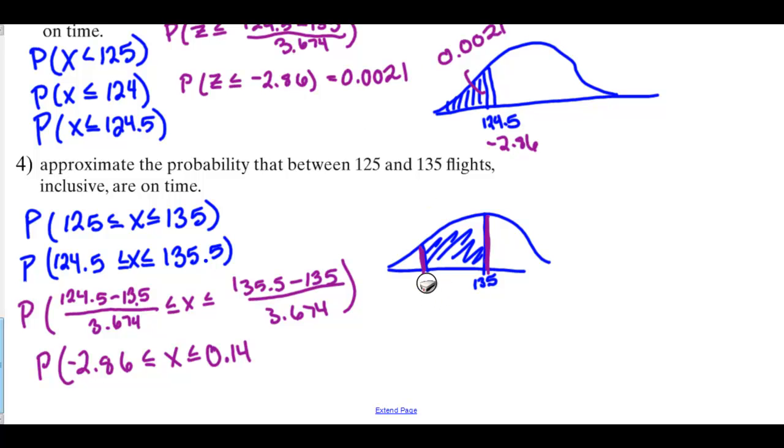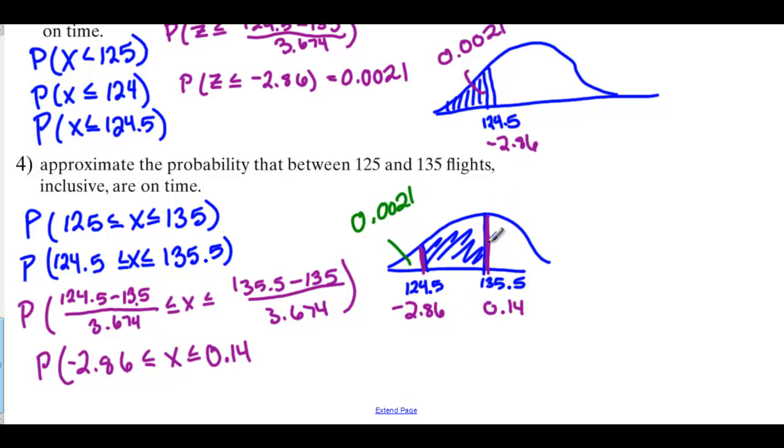I'm going to erase those numbers. We didn't actually use those. So we are looking at from 124.5 to 135.5. And those z-scores were that negative 2.86 and 0.14. Well, we already know that little area here is 0.0021. We already looked it up.